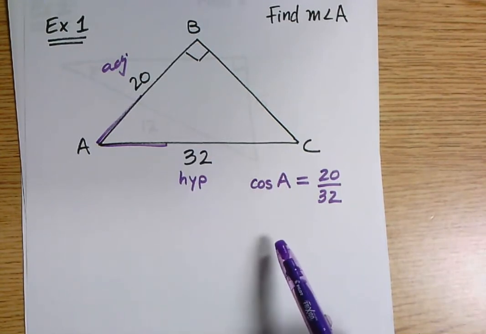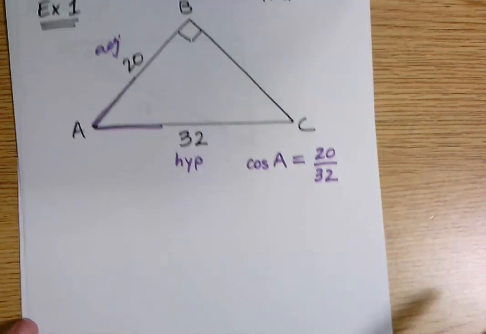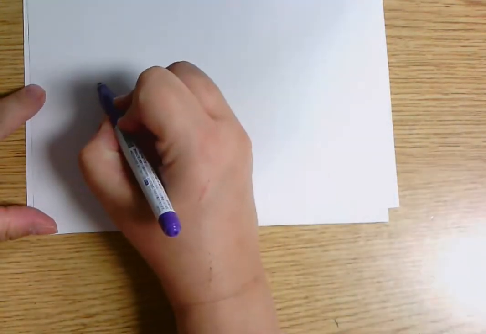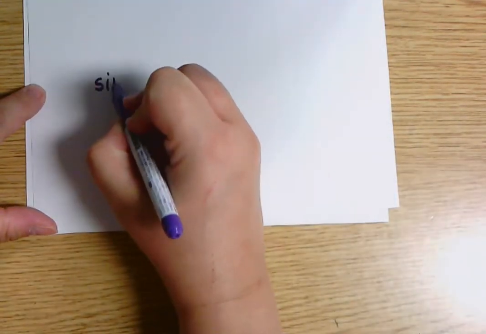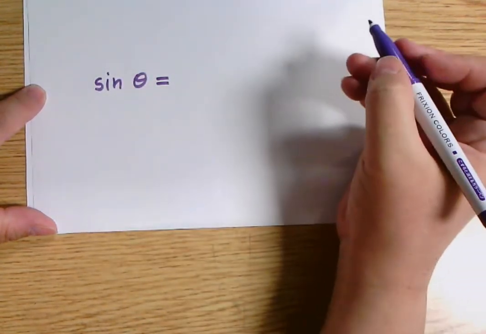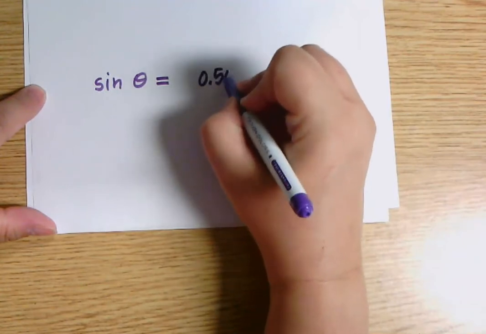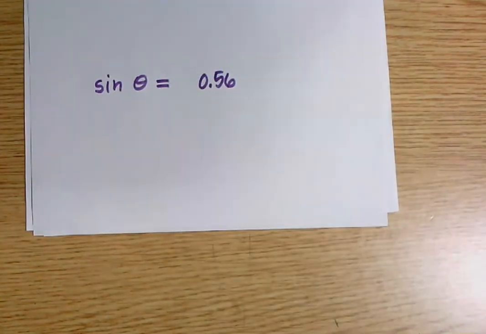So you can do what we call the inverse of the trig function. Remember, the inverse is kind of like the reverse. So let's talk about that. Side note, let's say we have sine of some angle equals 0.56. The inverse sine is like saying I want to undo the sine.